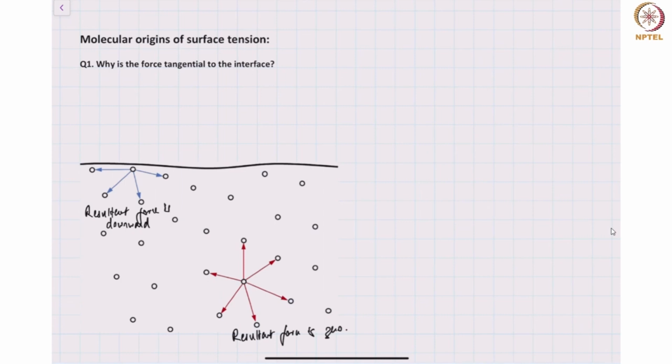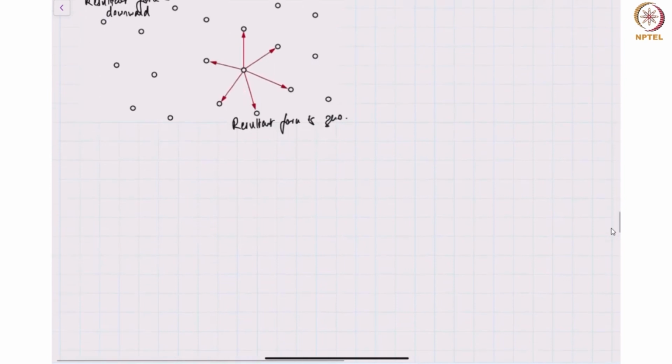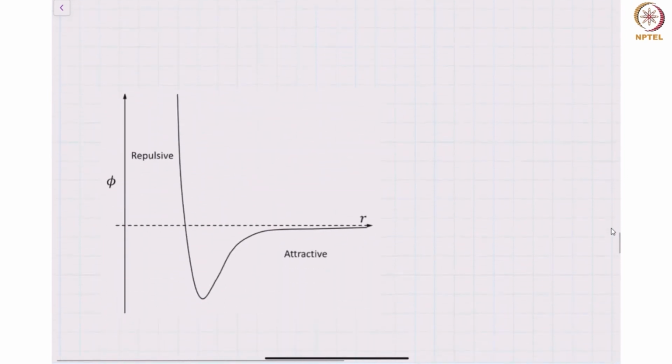So let's try and understand how we explain this. Again, I will be sacrificing quite a bit of rigor, and I would urge the students to look at the original sources. But let's start with the nature of interactions between surfaces. The nature of interaction between surfaces can be simplistically shown like this.